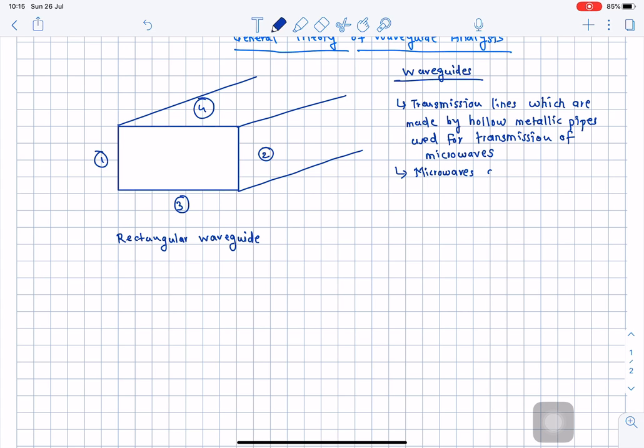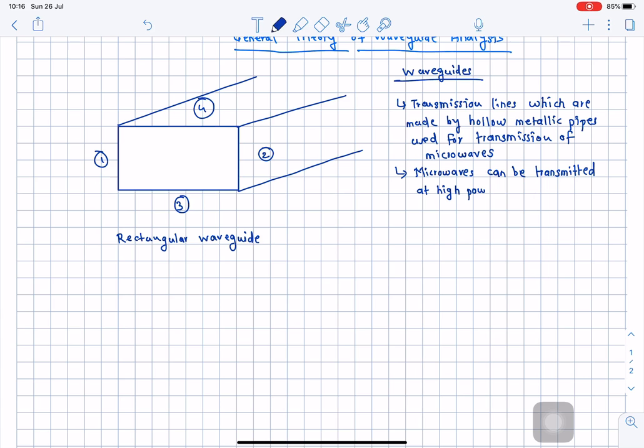Microwaves can be transmitted at high power. So the only choice when we want to transmit a microwave signal which is at a very high frequency and at a very high power is the waveguide.